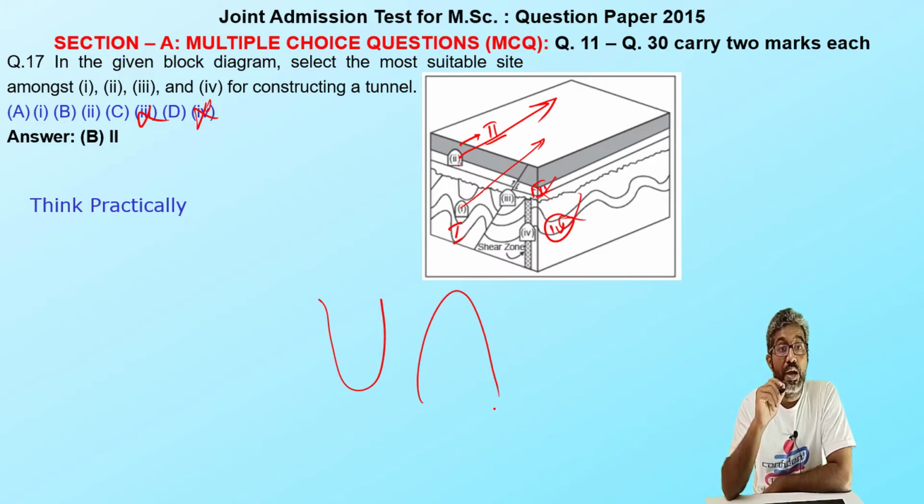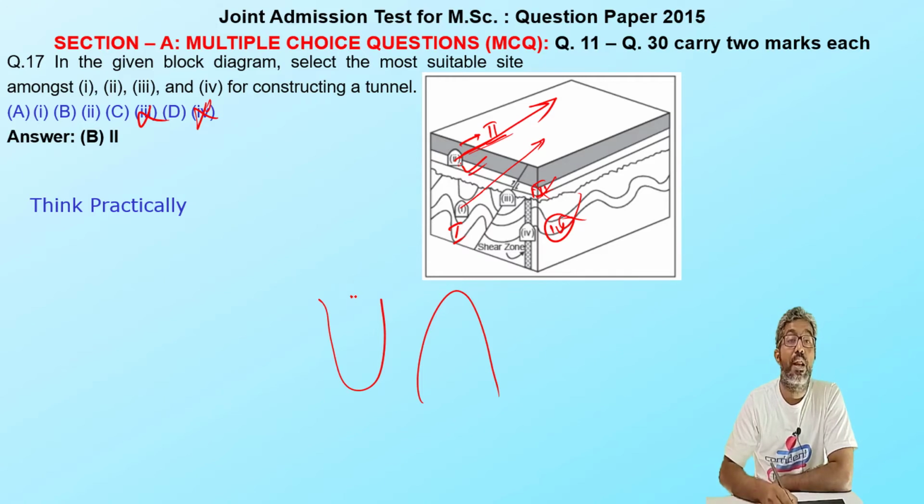So I have to avoid the fold portion also. If I have a simple portion, a simple bedding plane, then I can go with this. I will tell you in another lecture, if I have anticline and syncline, which one I should choose for my excavation. For right now, for this question, the second location is best to excavate.